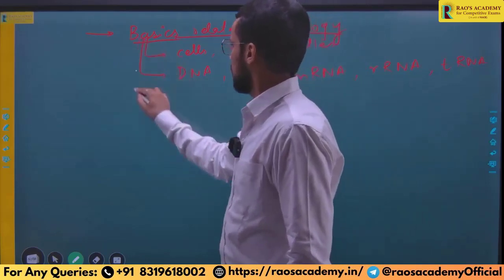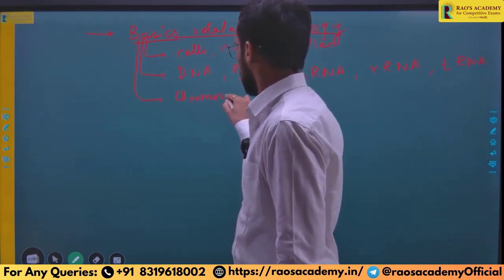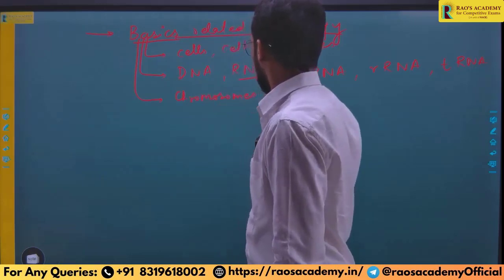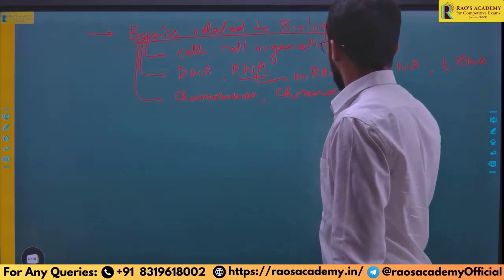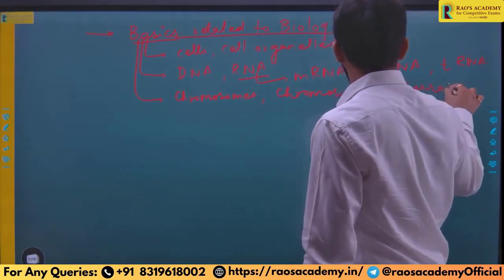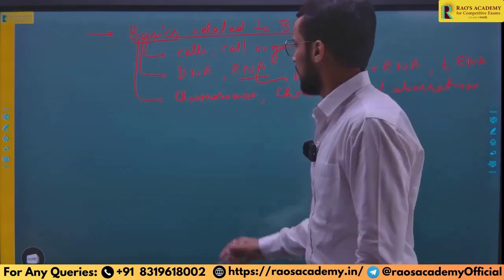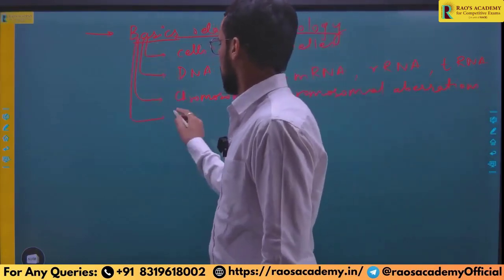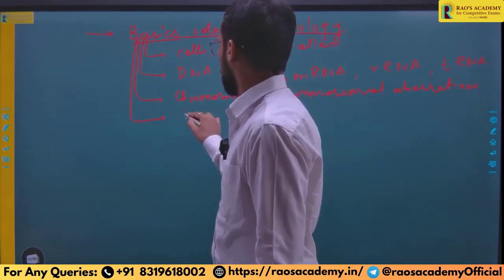Then after this, chromosomes, then chromosomal aberrations. So all these things should be known to you, right? Similarly, you can even try to understand what exactly we mean by cloning.